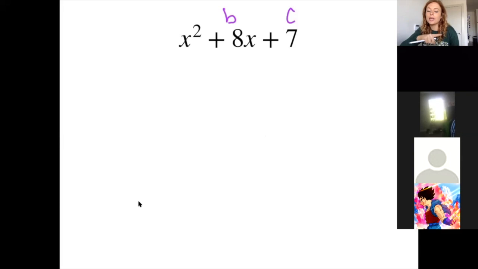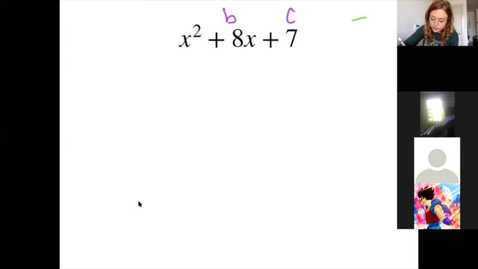So those multiply to be 8. Remember, it's multiply to the C, add to the B. So rethink that answer. Okay. And the person that just said 4 and 3: does 4 and 3 multiply to be 7? 4 times 3 is 7? Nope. Okay.